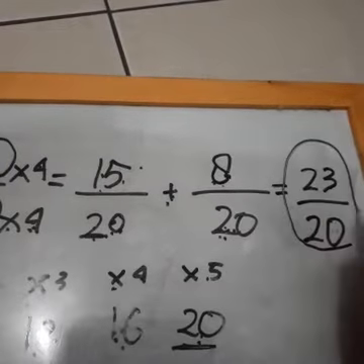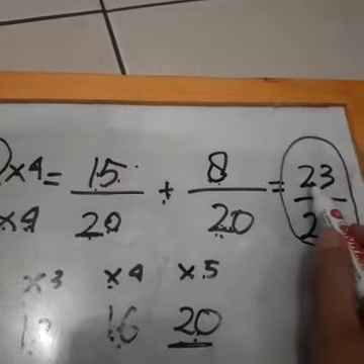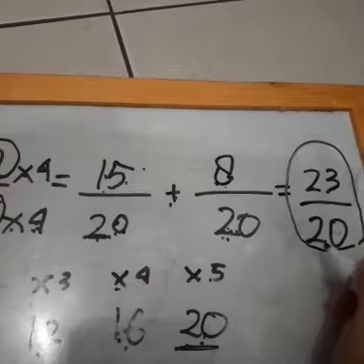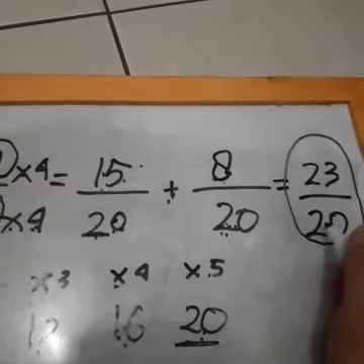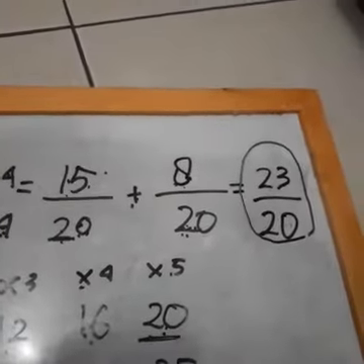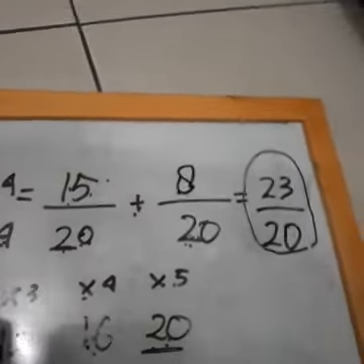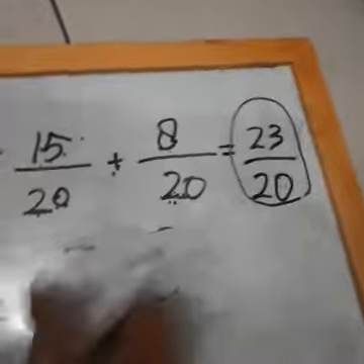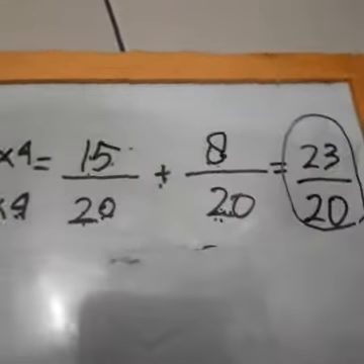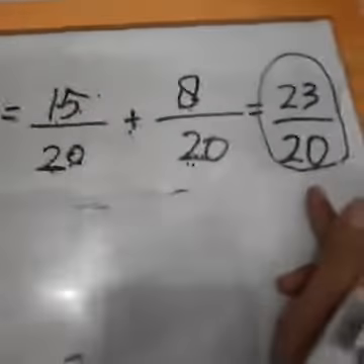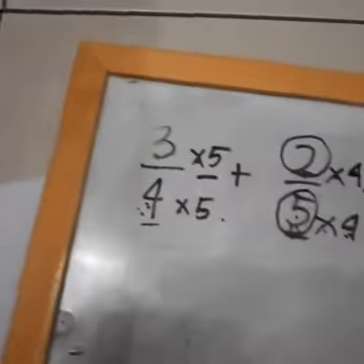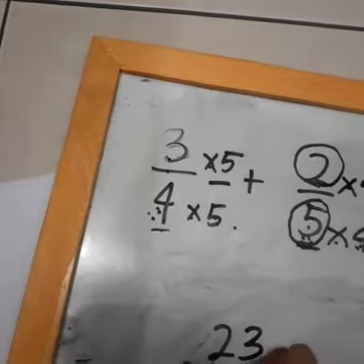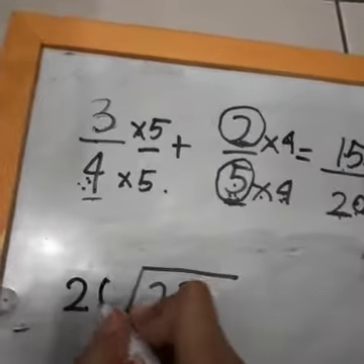In this fraction, the top number is bigger than the bottom number, so we can change it to a mixed fraction. 23/20, we can change it to a mixed fraction.